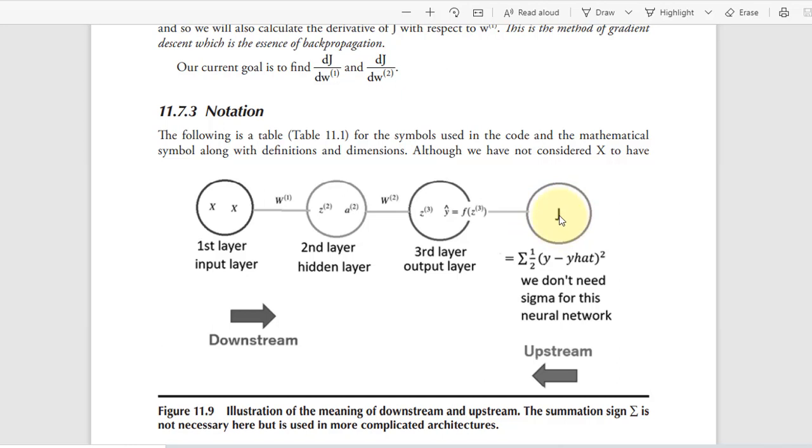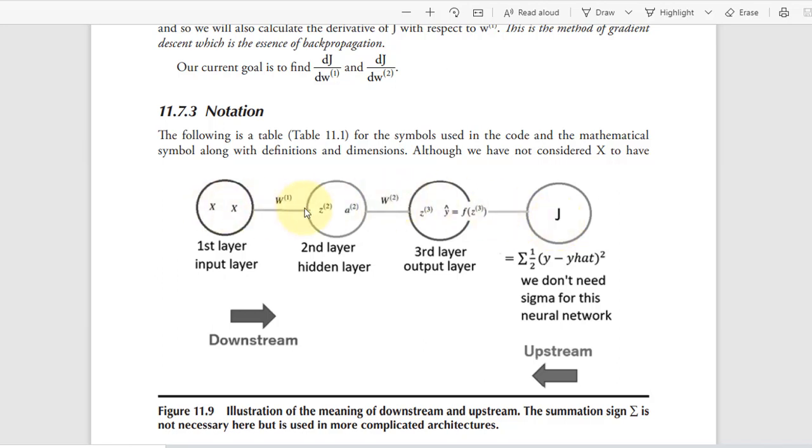But we can represent it as a circle with the error in it, because it does come from here. So once we get this, we can figure out the error. But anyway, we just have one node in this layer, one node in this layer, and one node in this layer. So what we're asking for is, like we said we wanted, dJ/dW.